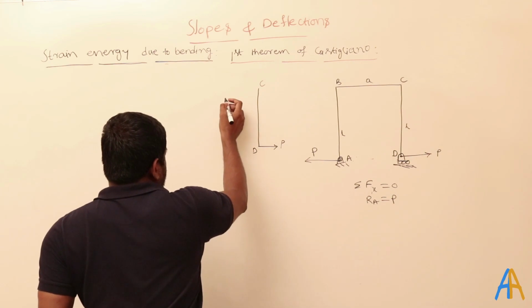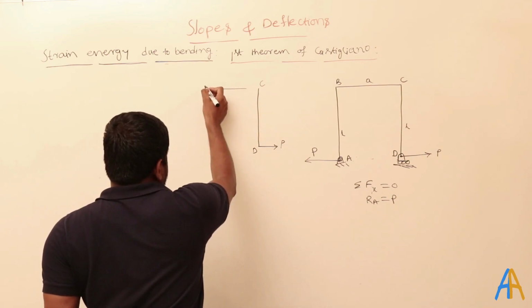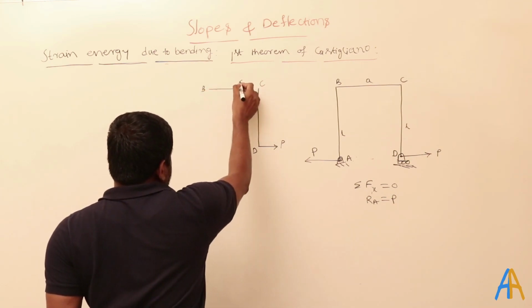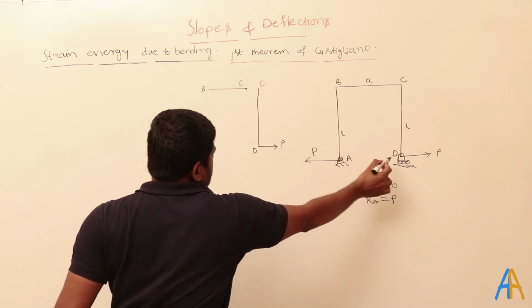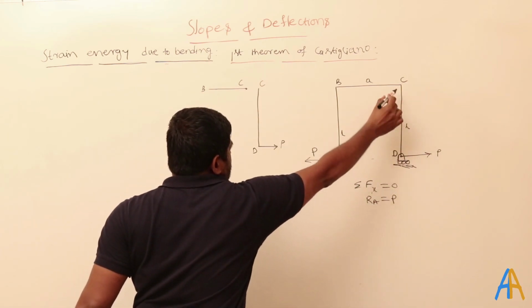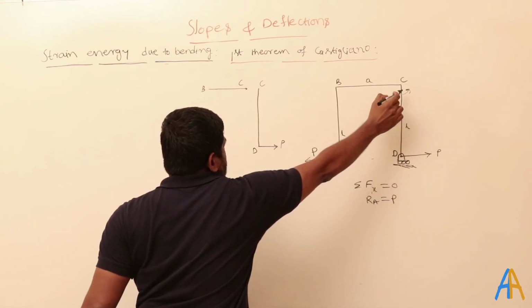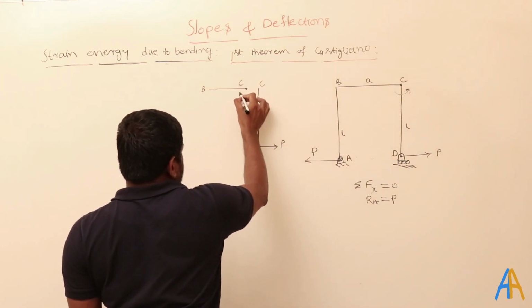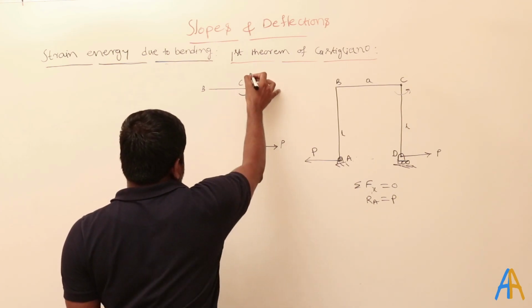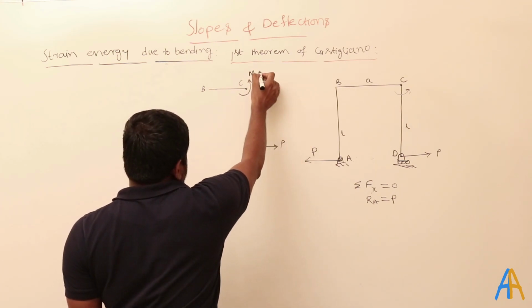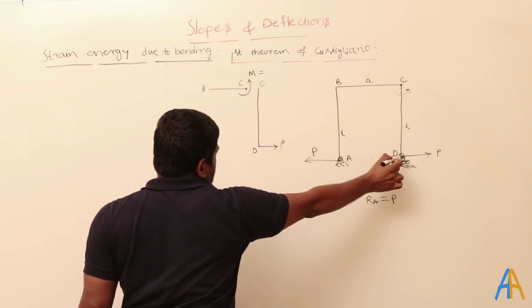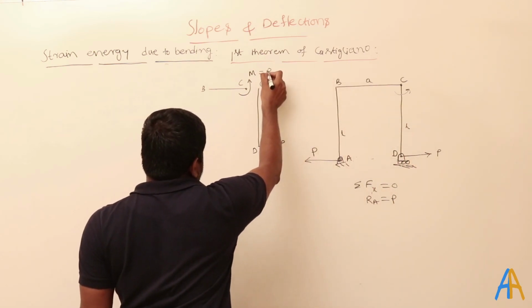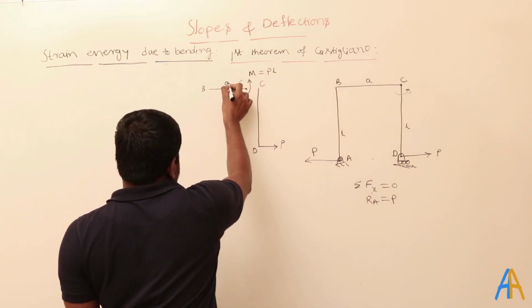And then here B and C. It is trying to go like this, that means it is trying to rotate like this. There is a moment produced at point C in this direction. That moment M is equal to the force into the distance, P into L here. This distance is a here.